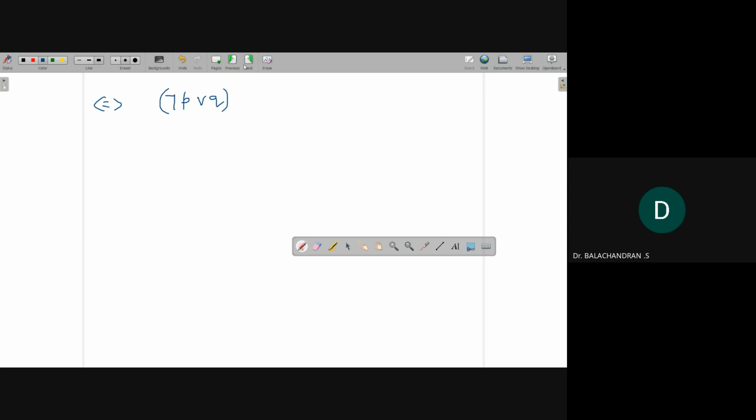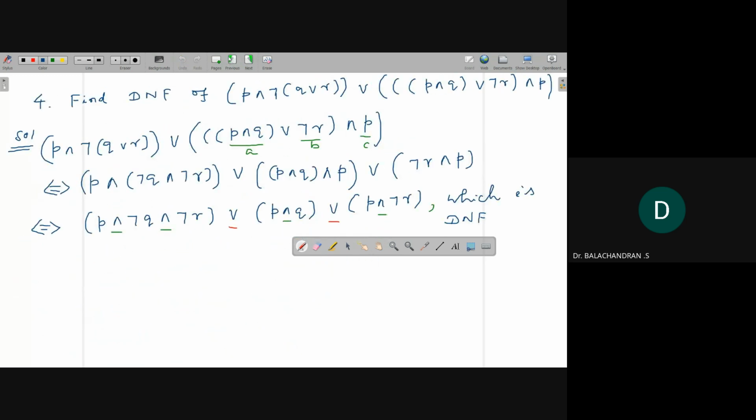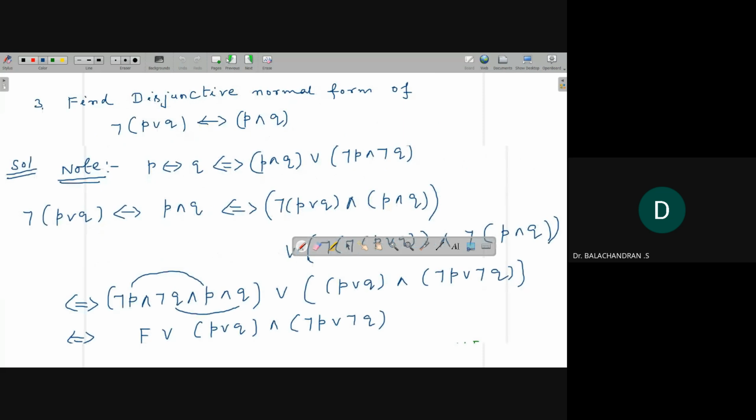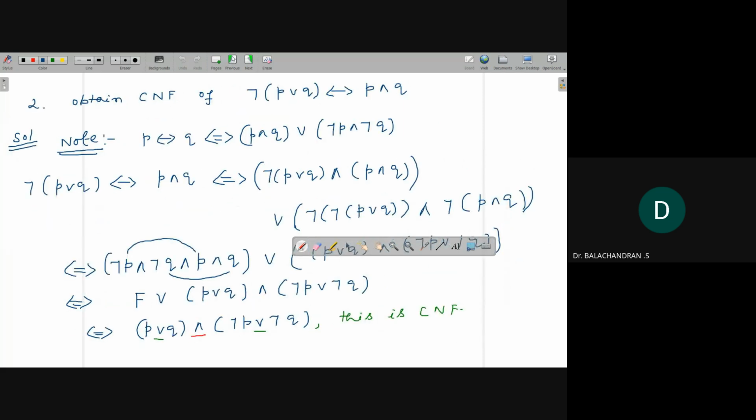This is product of sum, because here we have a sum. Even if I have only P or Q, this is also CNF.